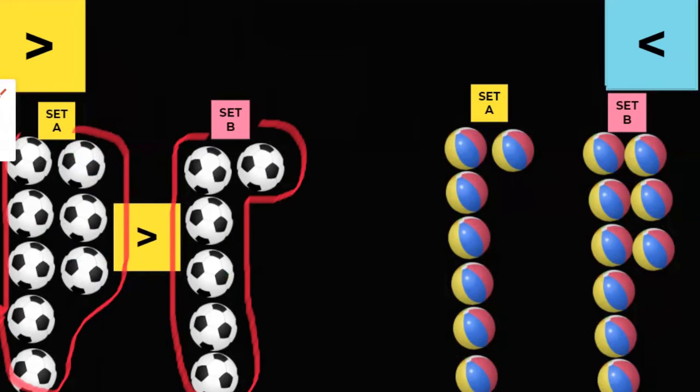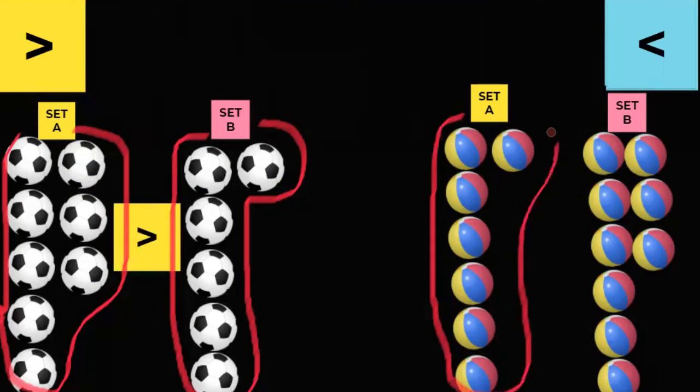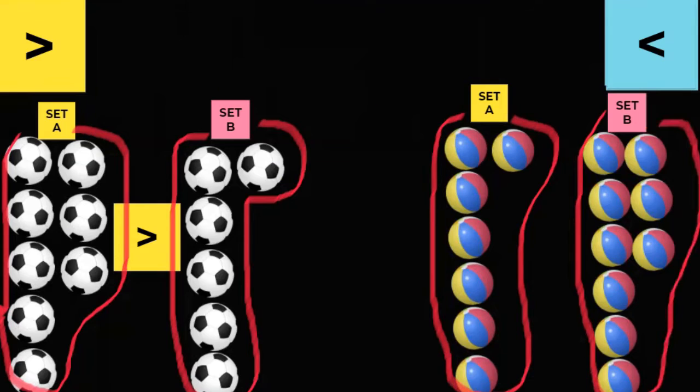We have 7 balls in set A, and we have 9 balls in set B. Now, which sign are we going to put to compare these two sets? 7 and 9. Are we going to put the greater than or the less than sign?